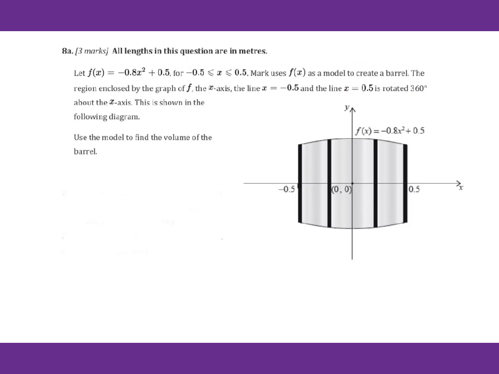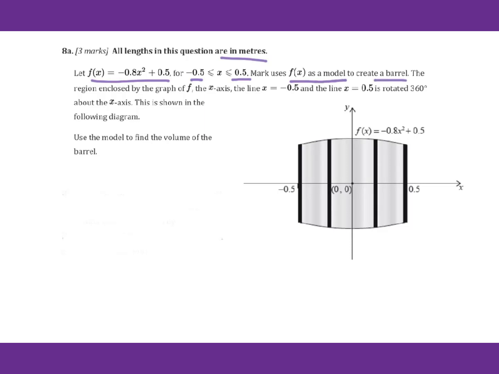Now let's go to 8a. All lengths in this question are in meters. Let f of x equal this function, for x between -0.5 and 0.5. Use this f of x as a model to create a barrel.